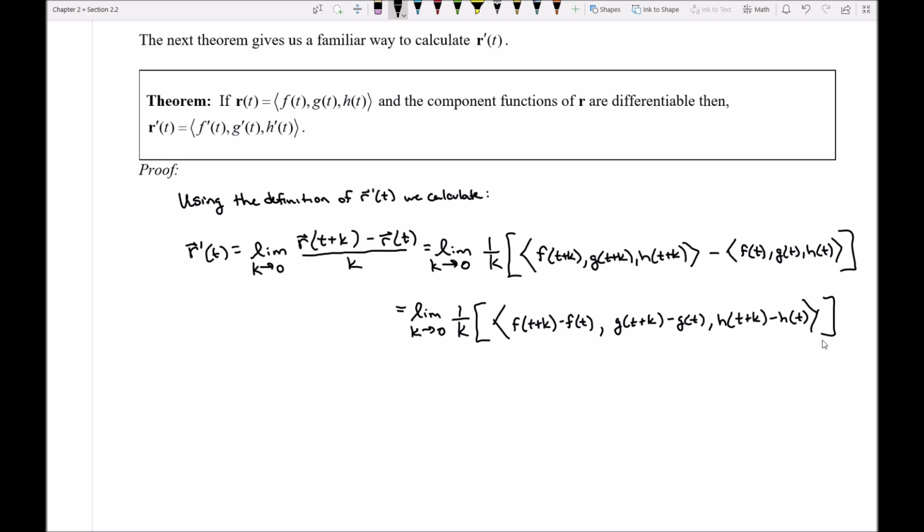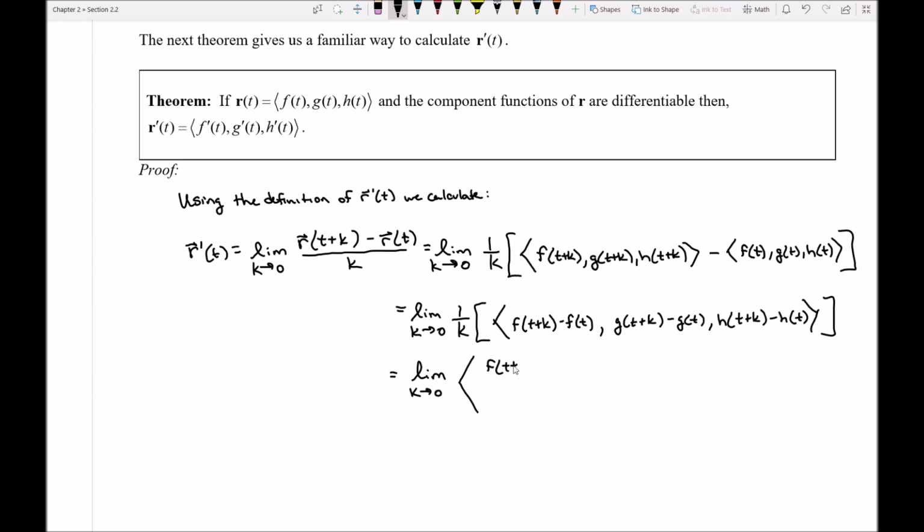The cool thing though now is actually I could take this 1 over k if I wanted and say, wait, 1 over k, that's just like a number. So if I just have now a number times one single giant vector, I could just take that number and multiply it to each of the individual components. This is just like what we did back in one of the very first sections. So if I want to, I could go ahead and re-express this again as now just the limit of one giant vector.